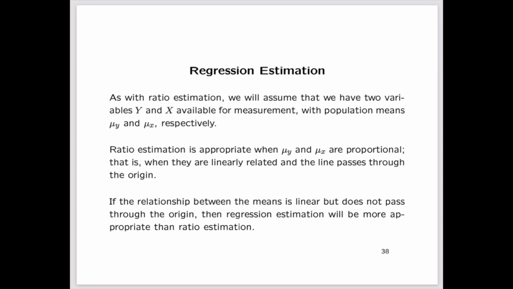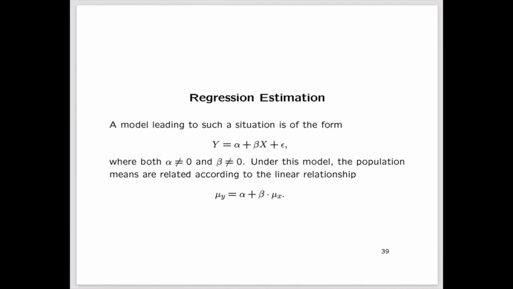If the relationship between the means is linear but does not pass through the origin, then regression estimation will be more appropriate than ratio estimation. A model leading to such a situation is of the form y equal to alpha plus beta times x plus epsilon, where both alpha and beta are non-zero.